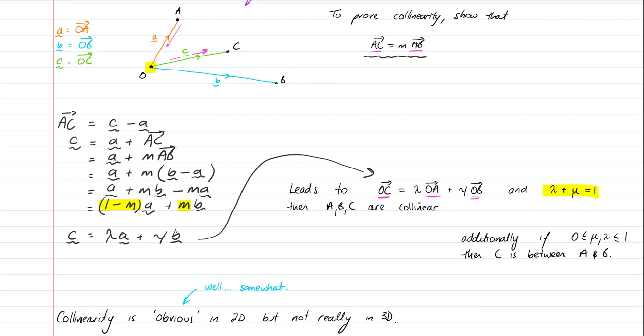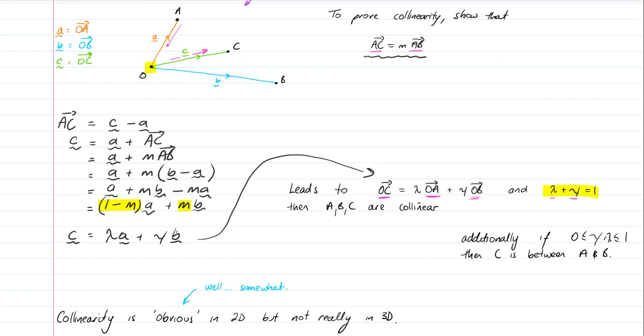Now, once we've proven we can do a linear combination, do the values of lambda and gamma add to give 1? Additionally, if lambda and gamma are between 0 and 1, then C is between A and B. That's the other interesting result we get.